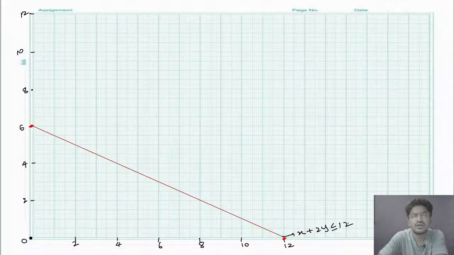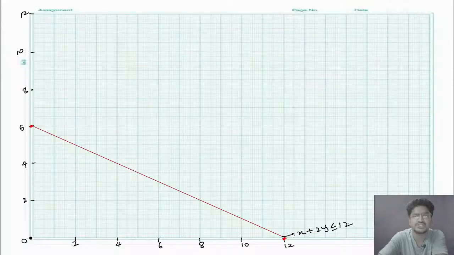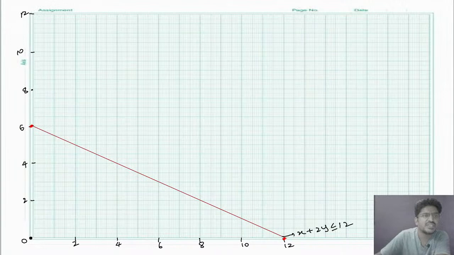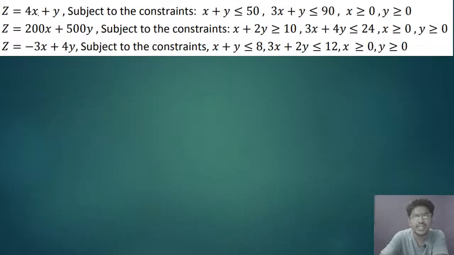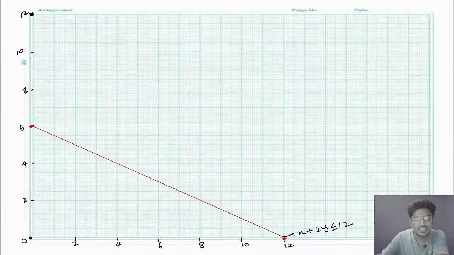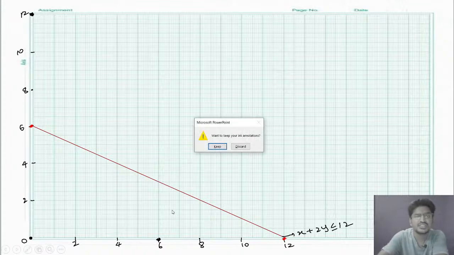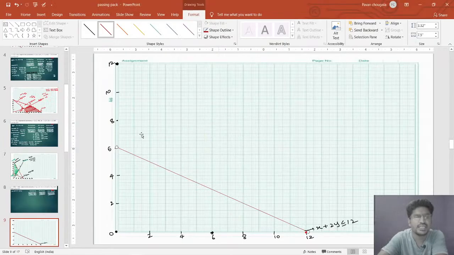And see the second line. Points are x is 0, y is 12, and another point is x is 6, y is 0. Okay. So now we have to draw the line. Let us draw the line very neatly.